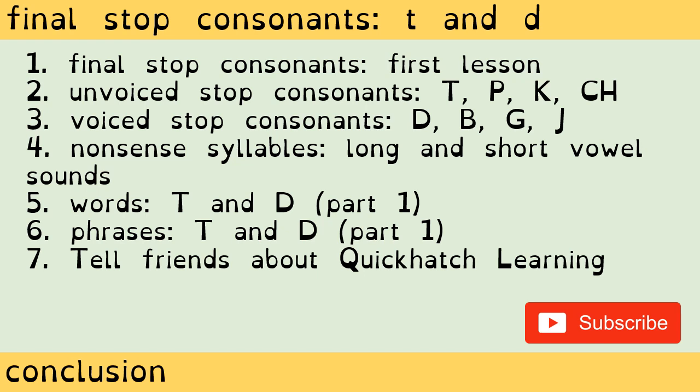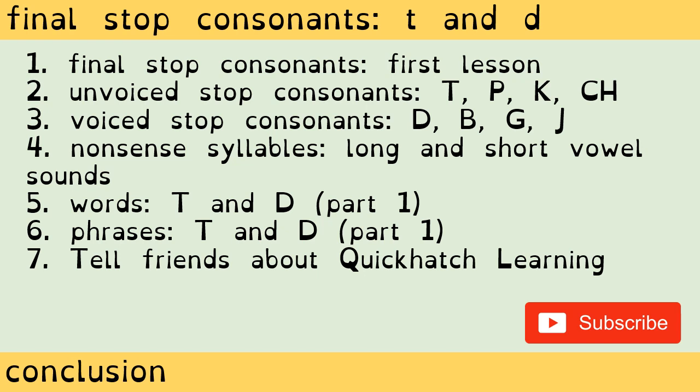English words don't end with the letter J, but they do end with the J sound. 4. Nonsense syllables, long and short vowel sounds. I can't promise that nonsense syllables are going to be fun. However, this is a good practice.